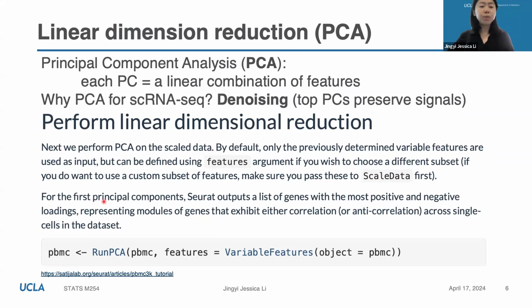And then for the first principal components, I think it should be the first few principal components, Seurat outputs a list of genes with the most positive and negative loadings, representing modules of genes that exhibit either correlation or anti-correlation across single cells in the data set. So basically, in this command, we are just using the highly variable features identified after scaling to do PCA.